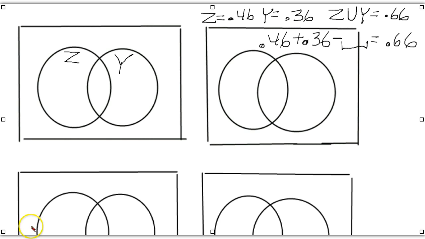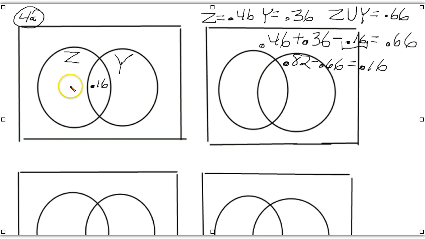So let's figure that out. If we add these together, we get 0.82, and if we subtract the total here of 0.66, that's going to give us 0.16. So this will be our intersection. So now we can fill that in. Our intersection is 0.16, and this is for 4A.